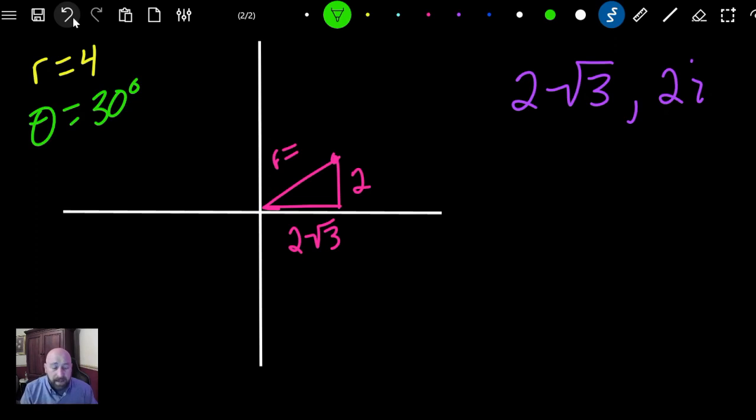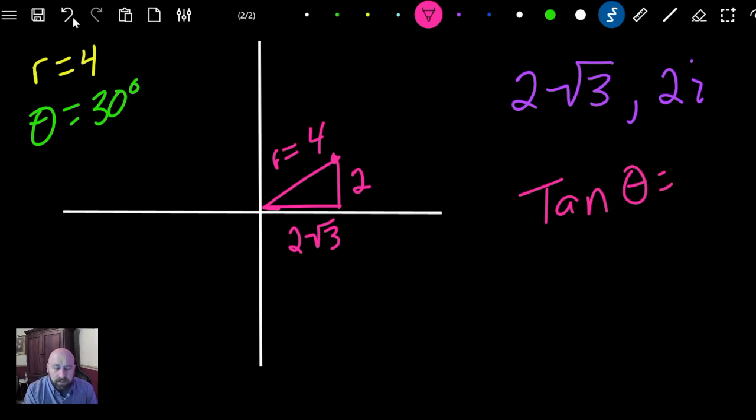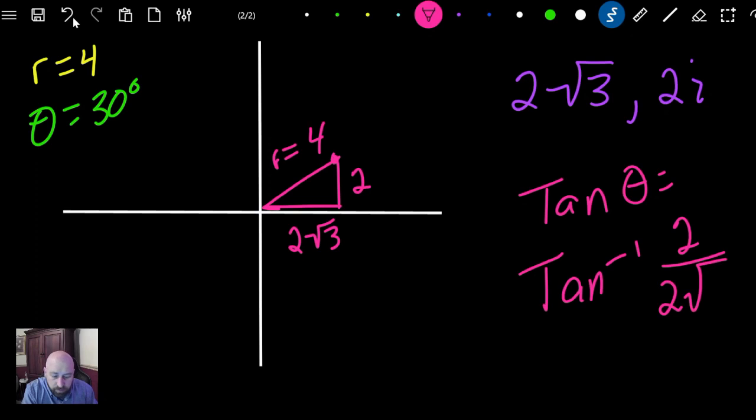If you don't know that, then you can just plug in here. What is the tangent of theta? We're going to do inverse tangent, because we want the tangent of our sine over our cosine, or our y over our x. So what is our y? Our y is 2. What is our x? It is 2 square roots of 3. This cancels to 1 over square root of 3.